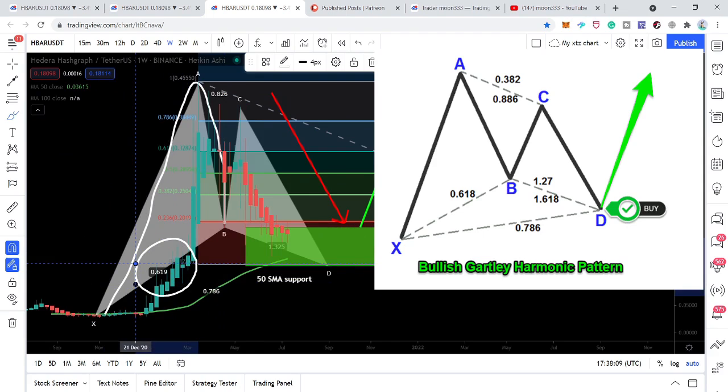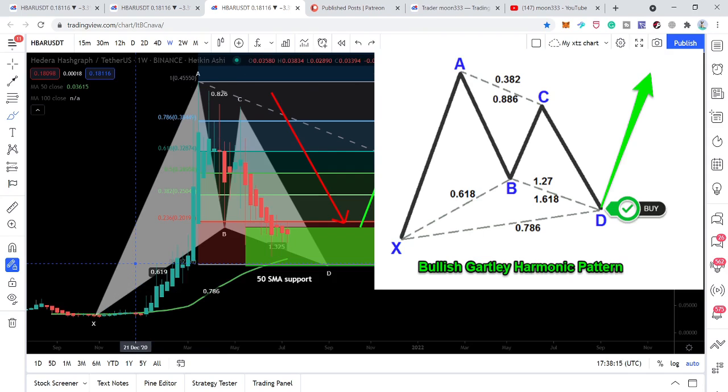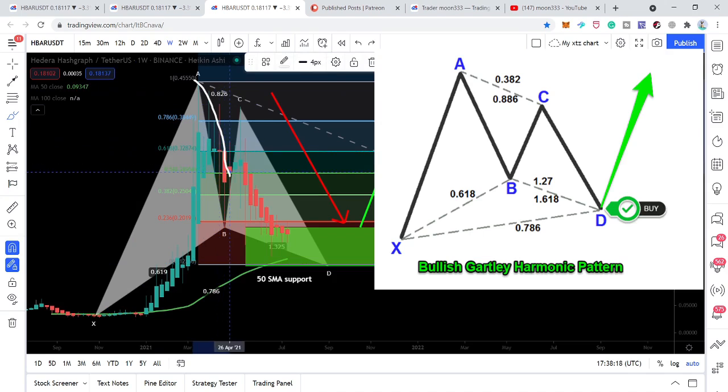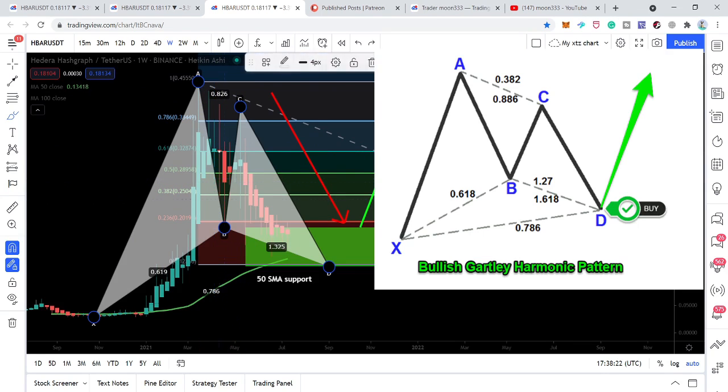Fibonacci retracement level. If you take a look at the Fibonacci calculations of the Bat pattern, then it can retrace between 0.382 to 0.50 Fibonacci retracement level. However, it can also move to 0.618 as well, but not more than that.